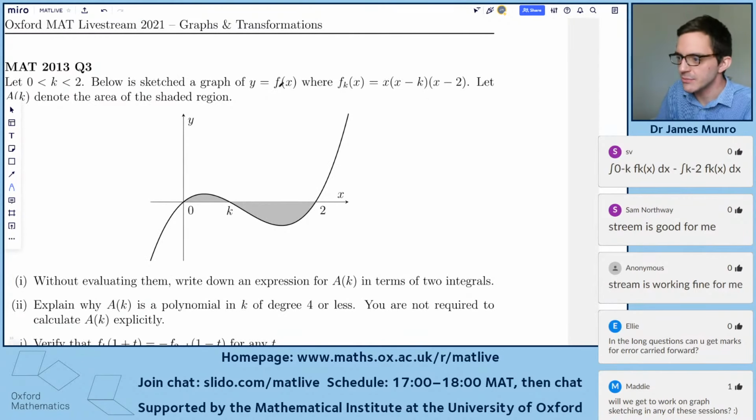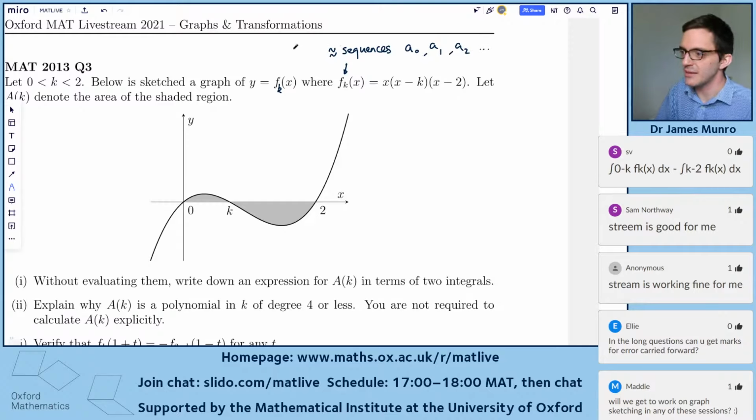I think there's a missing subscript k in here. Anyway, when I typed up the question, I might have missed a k. Anyway, we've got this definition of f subscript k of x. This is supposed to remind us a little bit of sequences. In the very first session of MAT Livestream this year, we talked about sequences, things like A0, A1, A2, and so on.